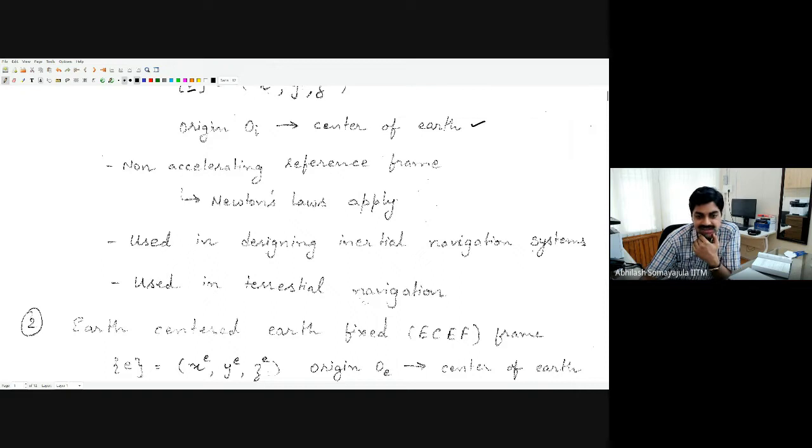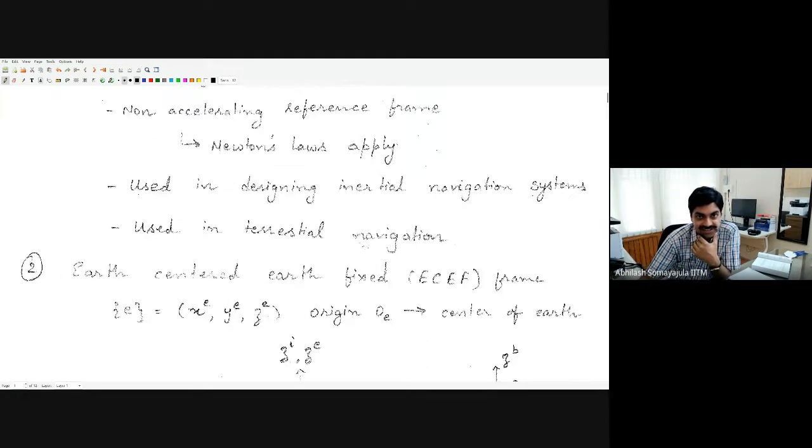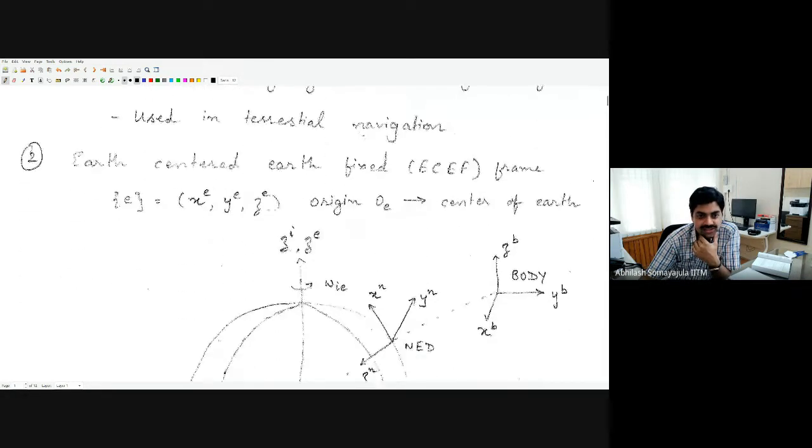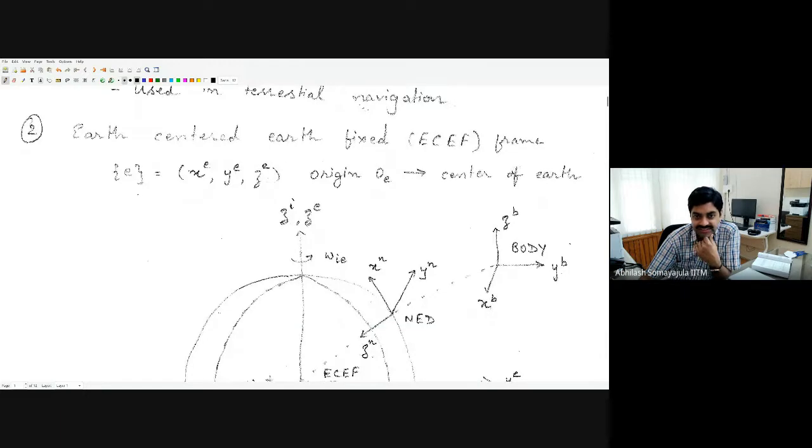All right, now we define a second coordinate system, and we'll call this one the Earth-centered, Earth-fixed coordinate frame. What this means is that it is slightly different from the Earth-centered inertial frame in the sense that now the Earth is revolving around its own axis, and this Earth-centered, Earth-fixed frame, or ECEF frame, also rotates along with the Earth.